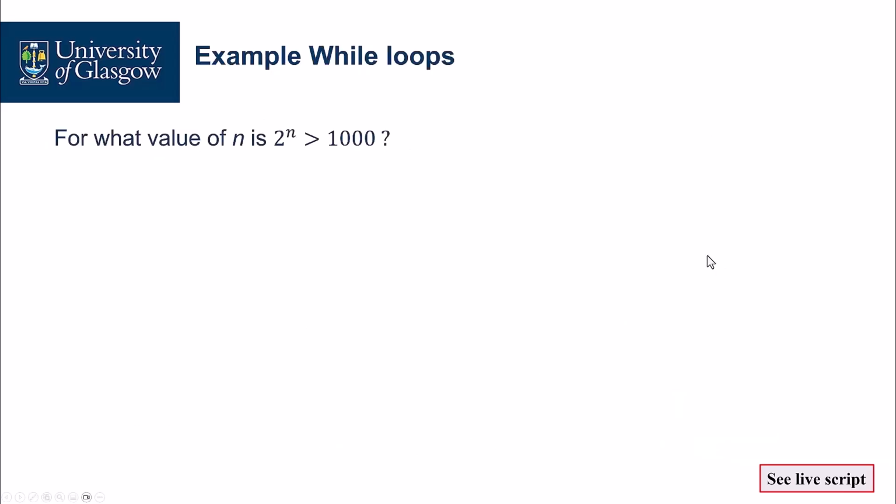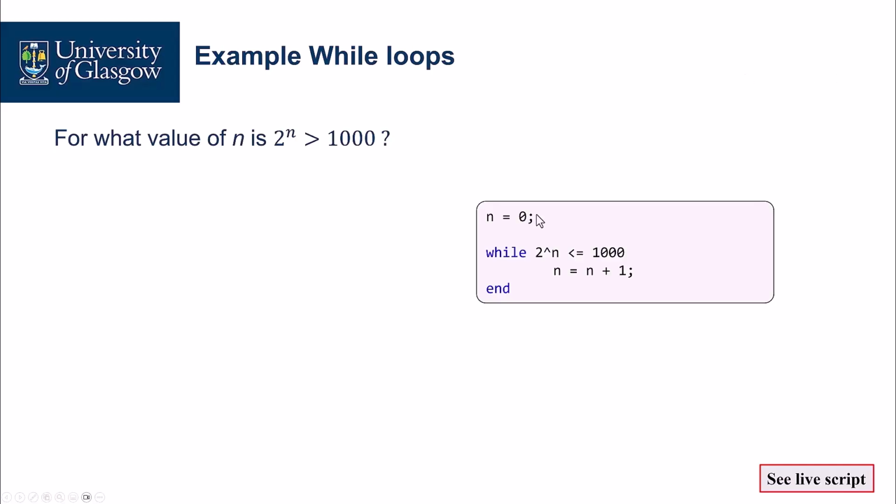So this is a while loop, and let's see an example. The question is that I want to find the value of n such that 2 to the power of n is larger than 1000. How can we do the program? We first set n as 0, then I put a while loop. As long as 2 to the power of n is smaller than or equal to 1000, I add 1 to n.